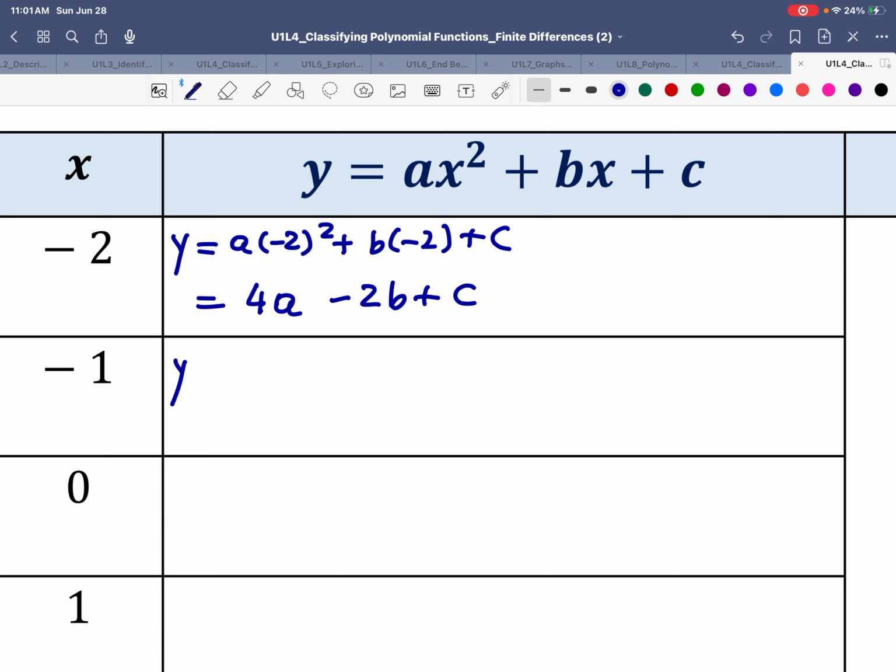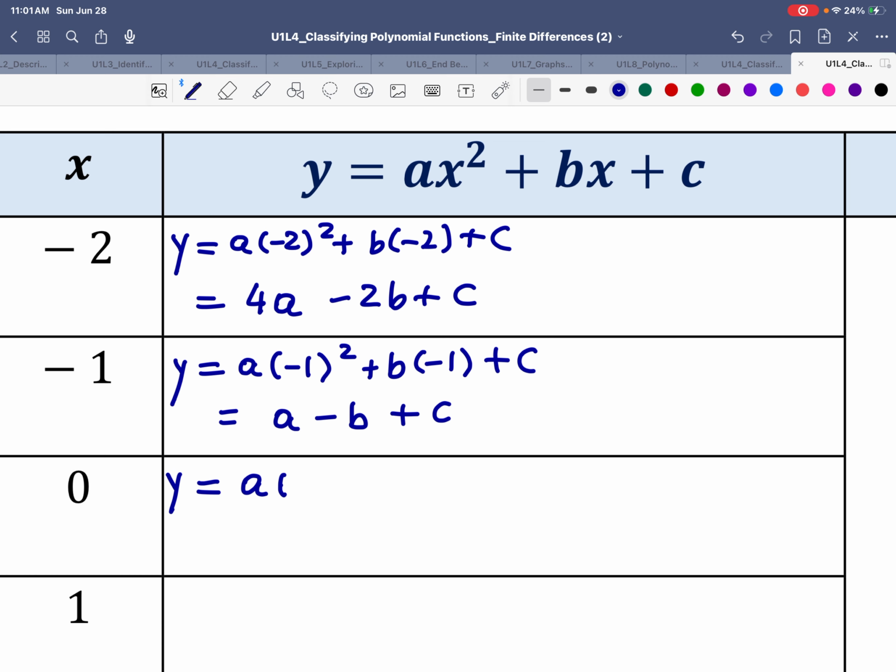Next we have x equals -1, so a times -1 squared plus b times -1 plus c. That will give a minus b plus c. Next we have x equals 0, a times 0 squared plus b times 0 plus c. Remember, multiplication by 0 will give 0, and that will give the constant term c.